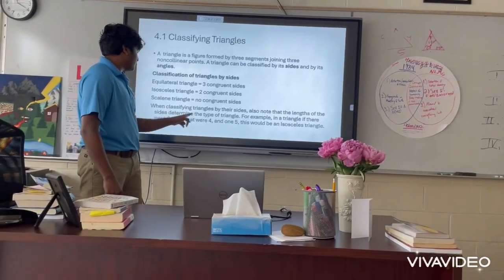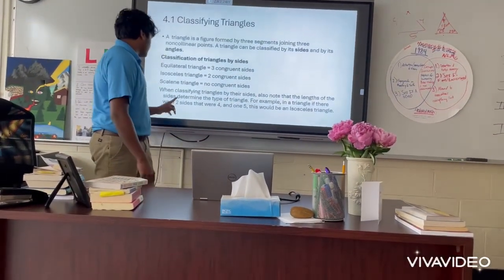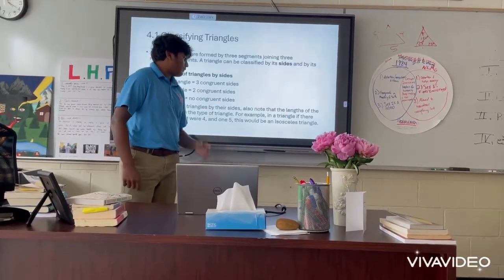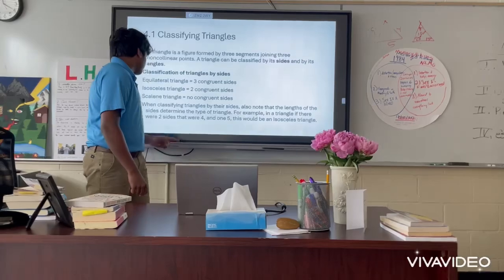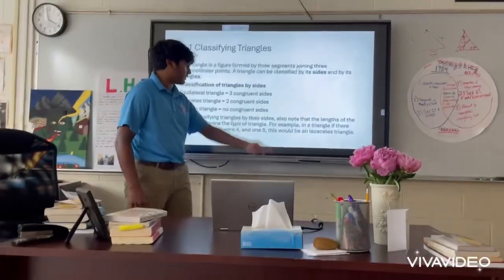When classifying triangles by their sides, you should also note that the lengths of the sides determine the type of triangle. For example, in a triangle, if there are two sides of 4 and the other is 5, this would be an isosceles triangle.